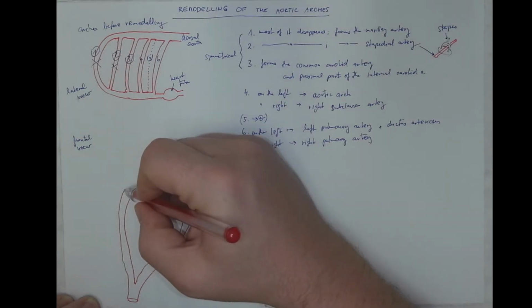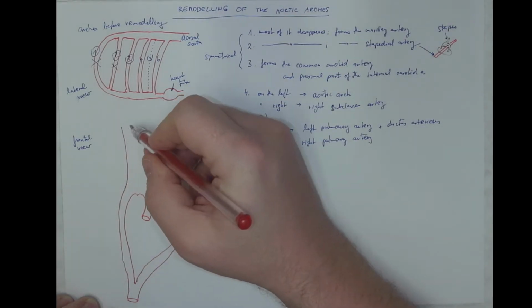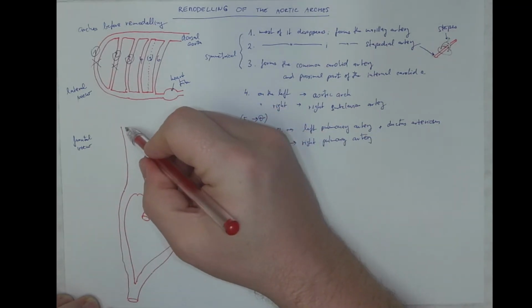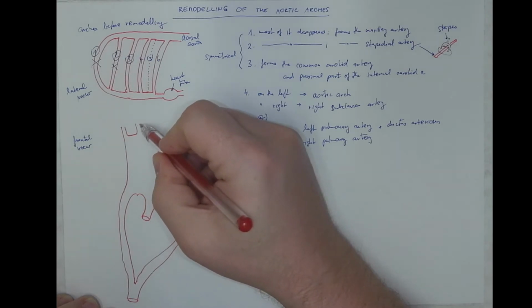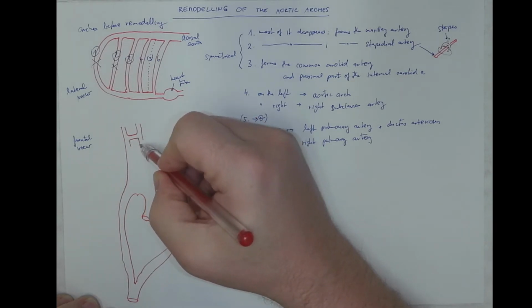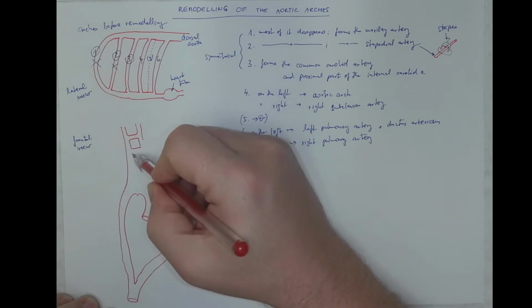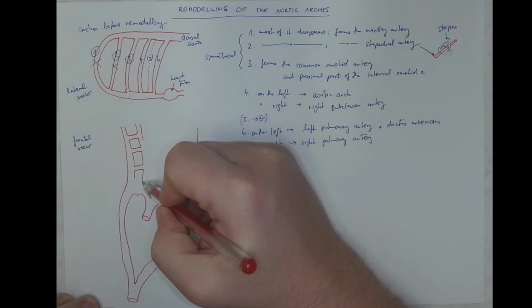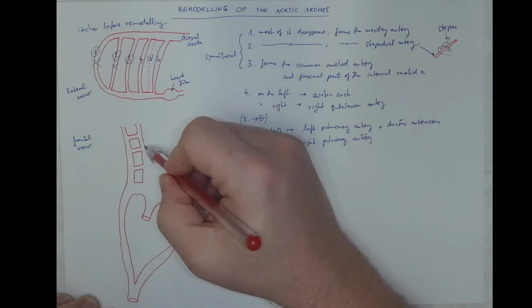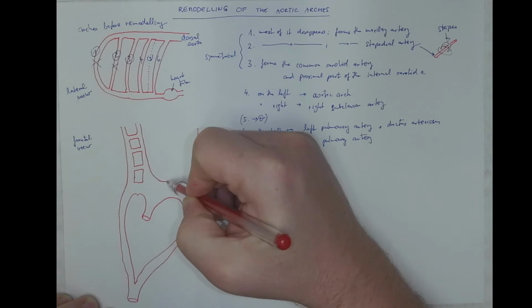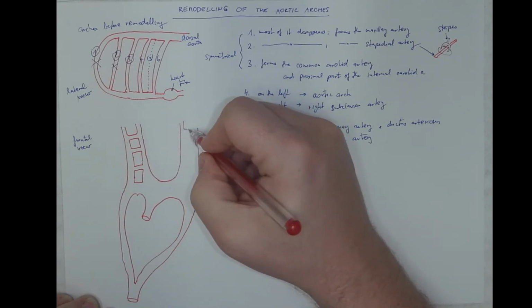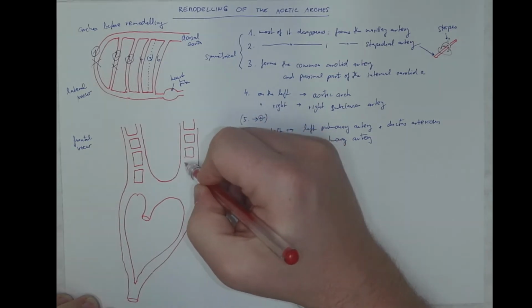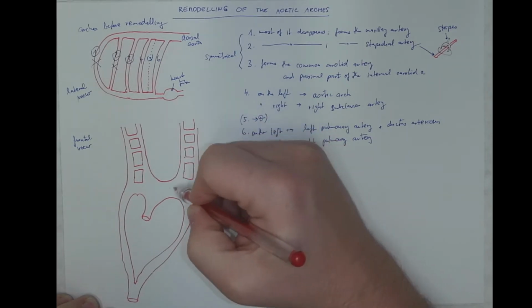So in a simplified form, this will be the first aortic arch, the second, the third, and the fourth. The first, second, third, and the fourth.